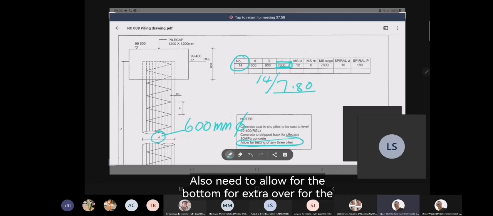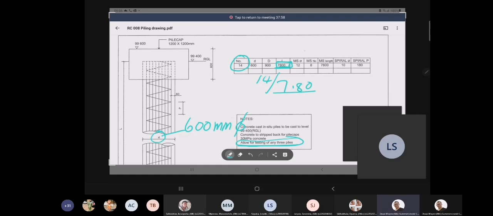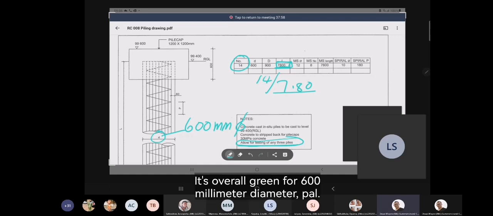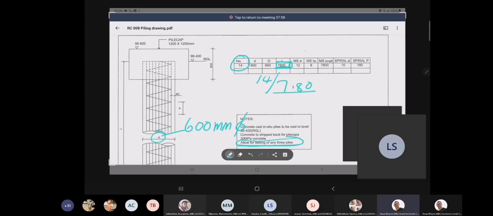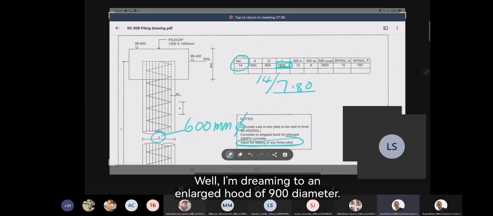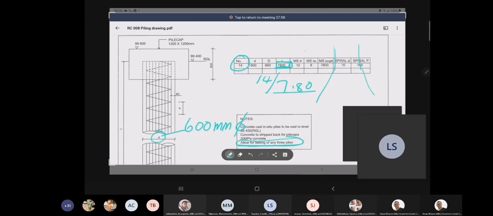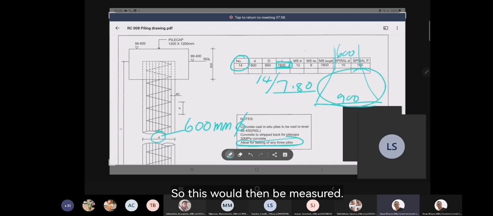Also need to allow for the bottom, for extra over for the augering and under-reaming, extra over augering for 600 millimeter diameter pile, for under-reaming to an enlarged foot of 900 diameter. I know that that is 900, that was 600. So this would then be measured in number.